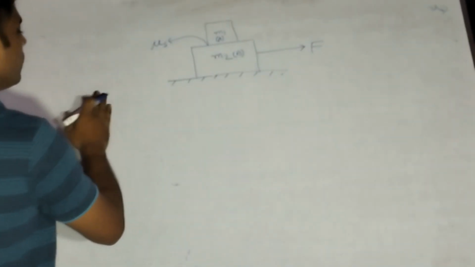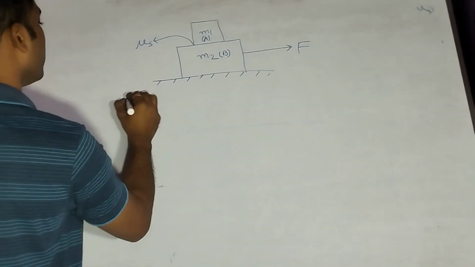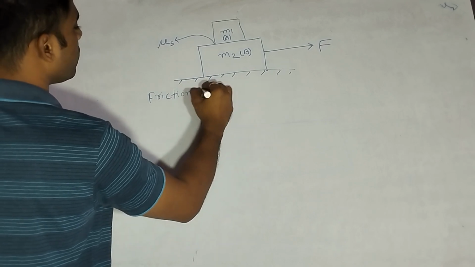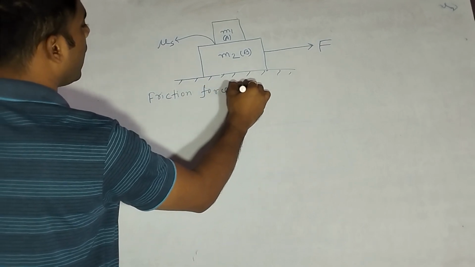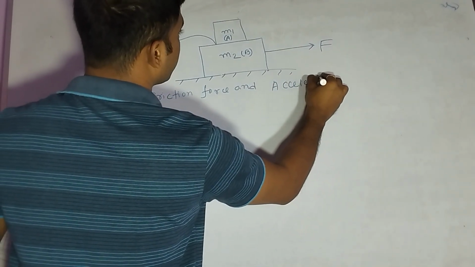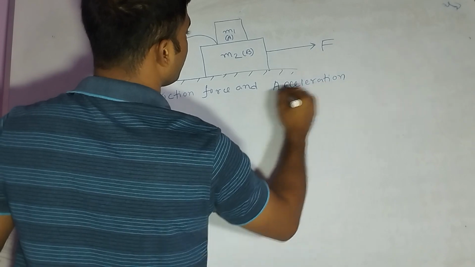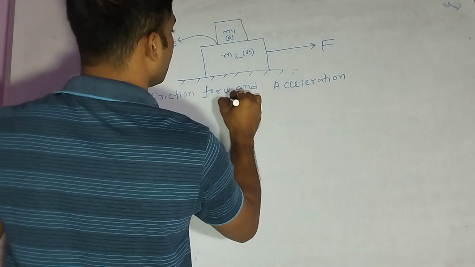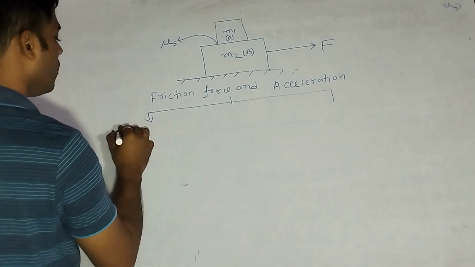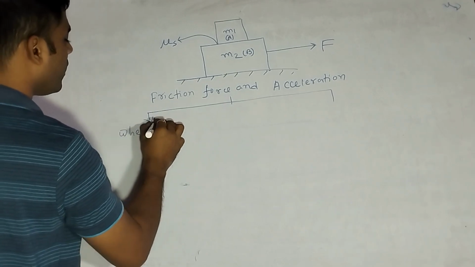Then calculate the friction force and acceleration in two cases. One case is when the two bodies move together.